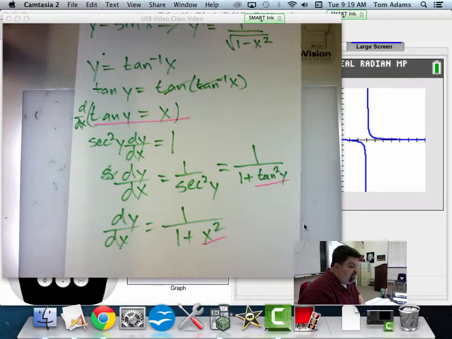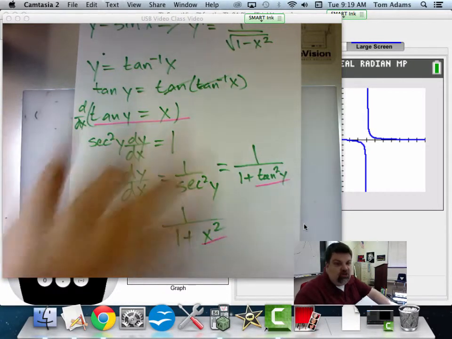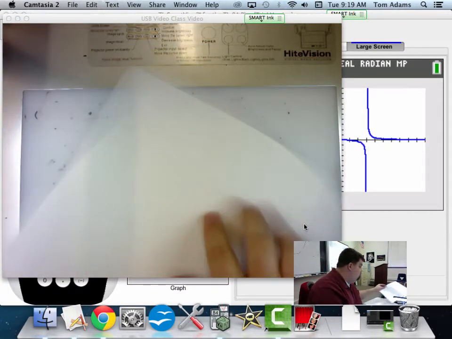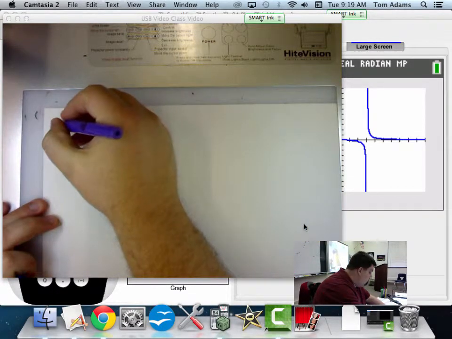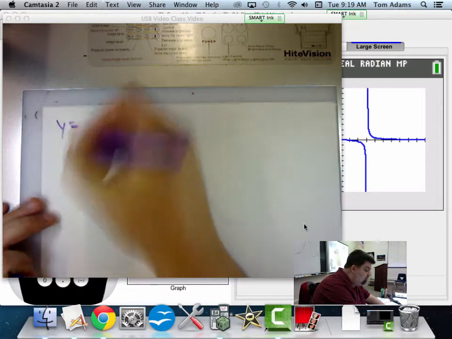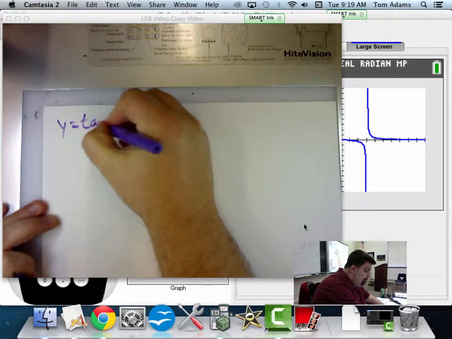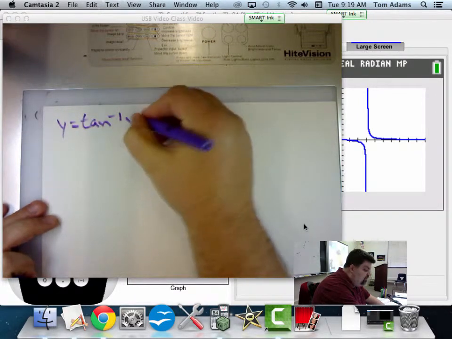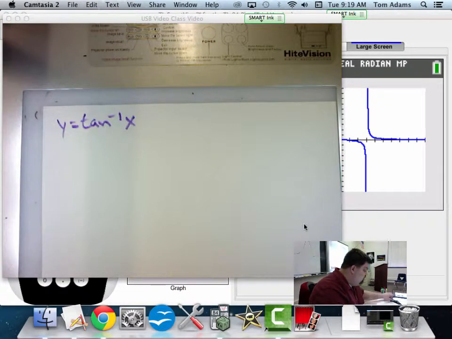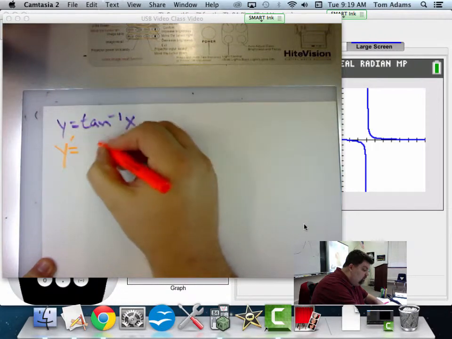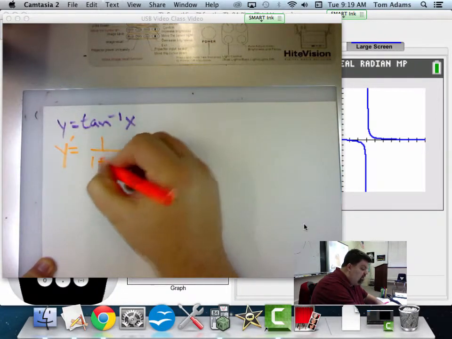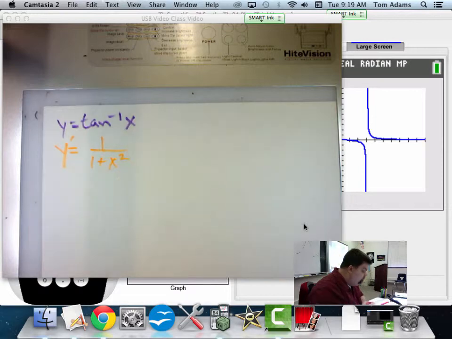One way that we could write this, and so I'm going to write the formula. I kind of skipped it on the last one because I wanted you guys to soak in how we derive these first. So what I said is if y equals tangent inverse of x, we just proved that if I derive that, y prime was equal to 1 over 1 plus x squared.